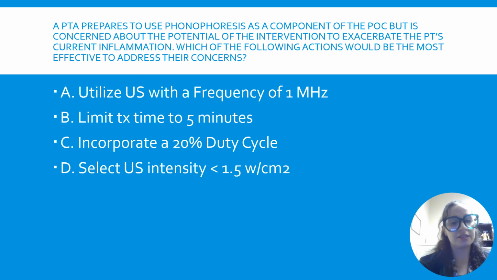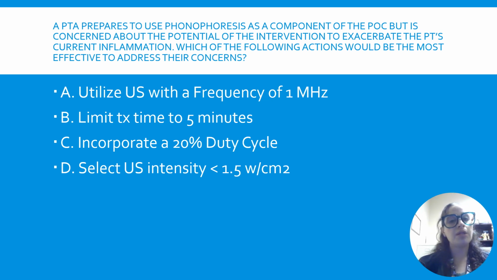Then you have C and D. Incorporate a 20% duty cycle, says C, and select ultrasound intensity less than 1.5 watts per centimeter squared, okay? Well, the one that makes the most difference is the one that is going to make it not contraindicated with inflammation.